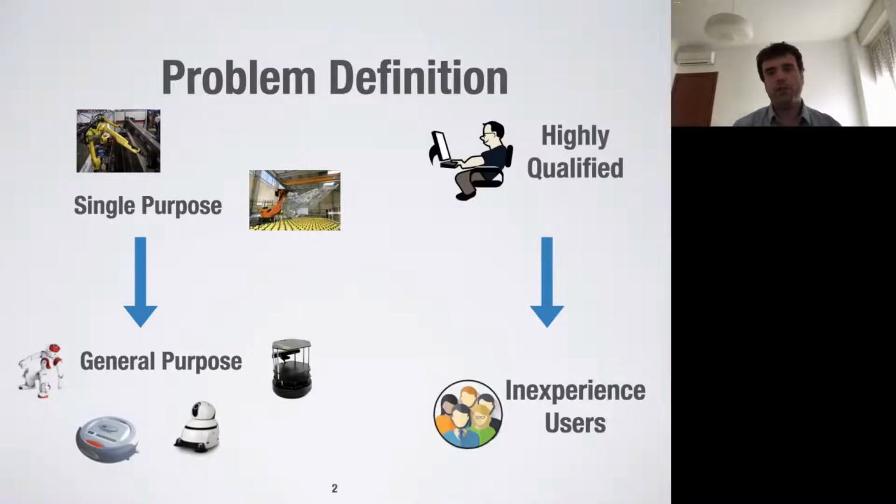For this reason, the problem of defining the goal of the robotic application is slowly moving from the hands of highly qualified experts that have programming capabilities and a deep knowledge of the robotic domain to the hands of inexperienced users that do not have this background.